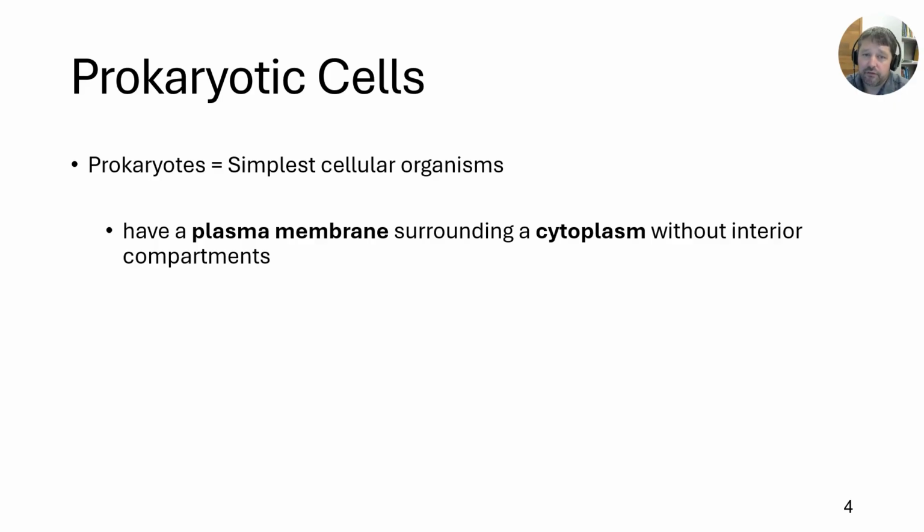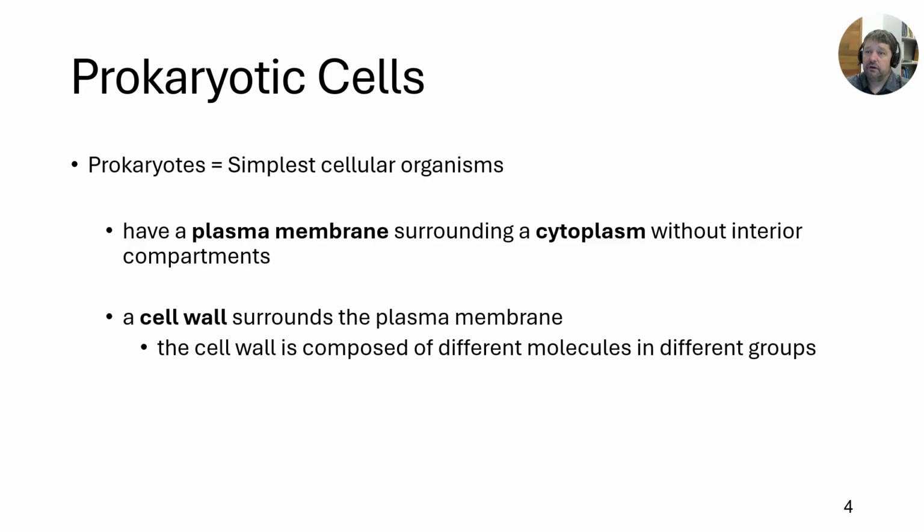Remember we said all cells will have a plasma membrane, that outside membrane, and all cells will have some kind of internal liquid-based material. Typically it's heavy in water, but also has sodium, potassium, calcium, proteins, lipids, and carbohydrates, all mixed together in a solution.